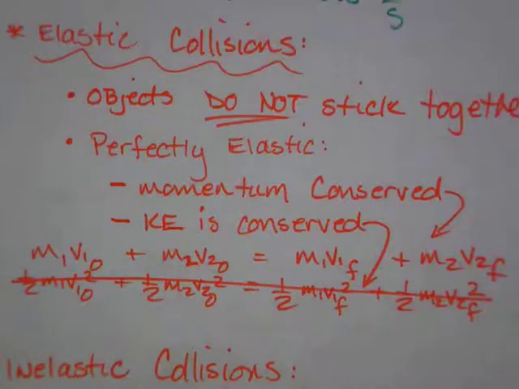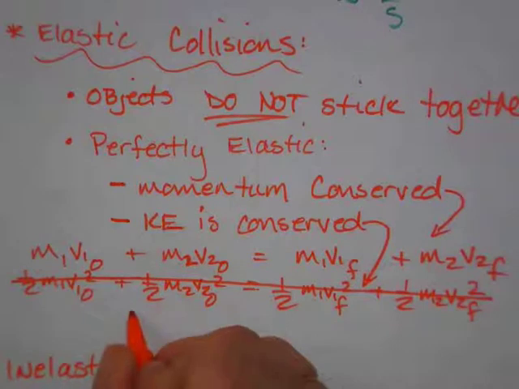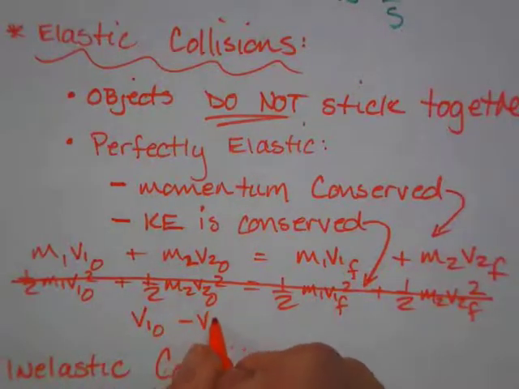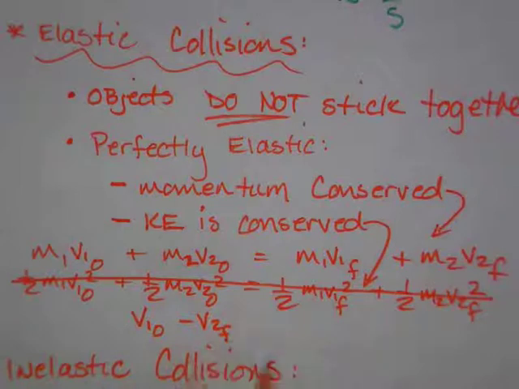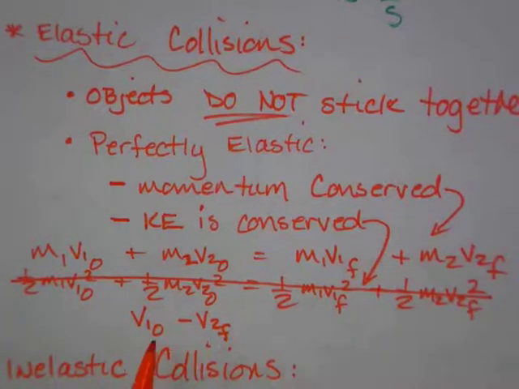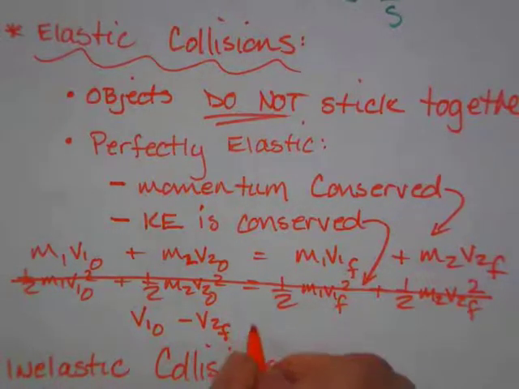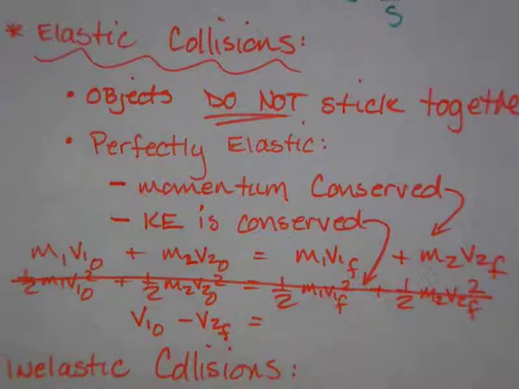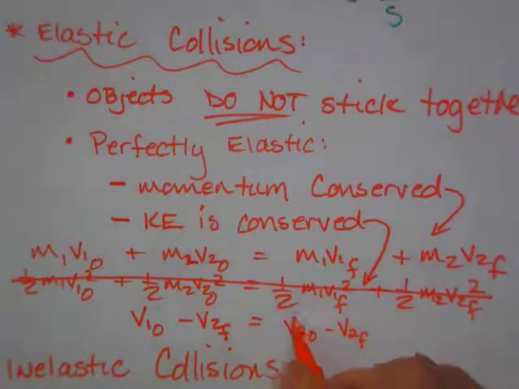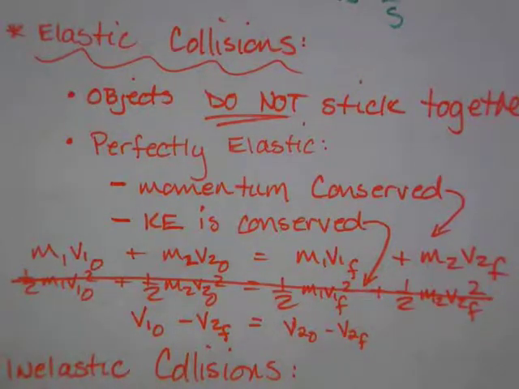However, when you have a perfectly elastic collision, momentum is conserved, and there's another equation that also works. It is as follows. If you take the difference in the two velocities before the collision and swap the order, that will also work.